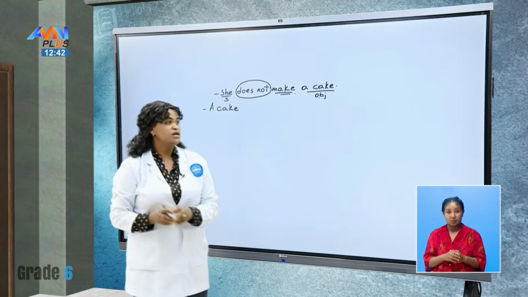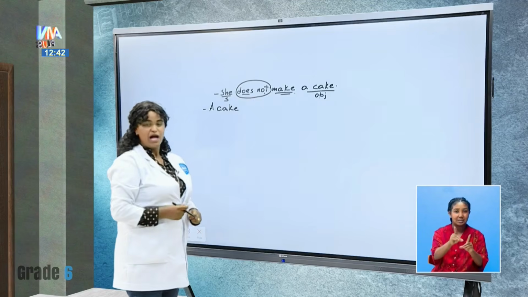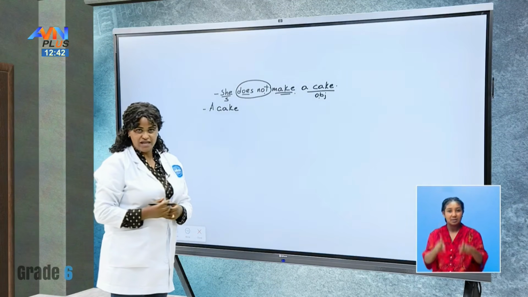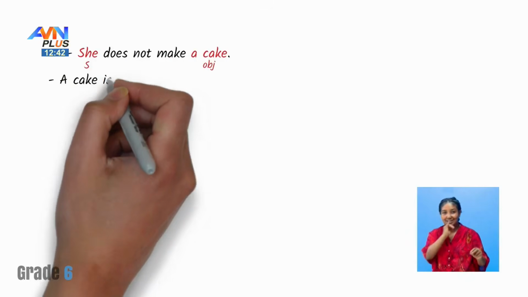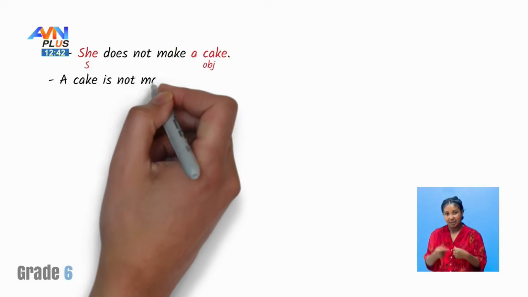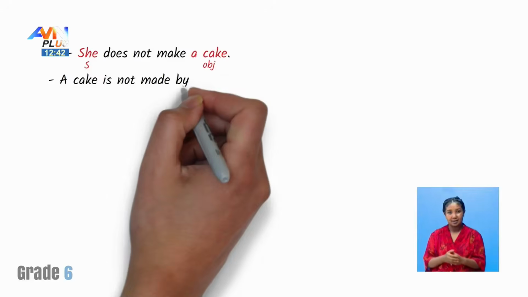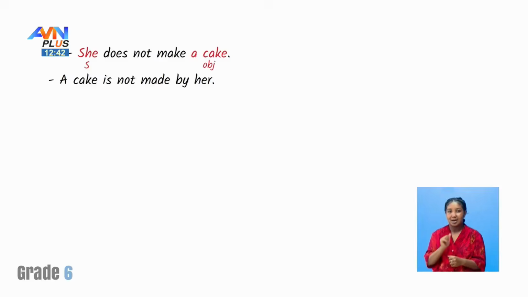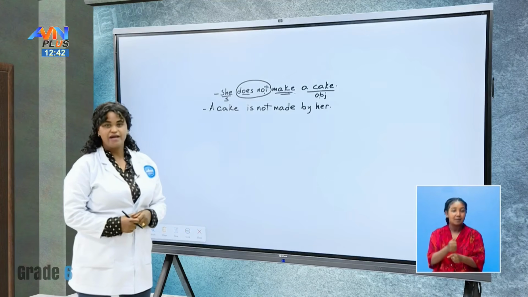For that matter, we insert the word does in order to make it negative. But in the passive sentence, we have the present auxiliaries, yes? So, a cake is not. Is not. Then, as we have said, the V3 of make is what? Made. A cake is not made by her. Okay? A cake is not made by her.